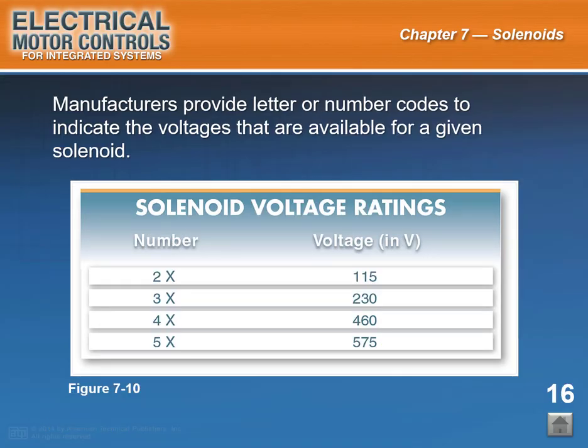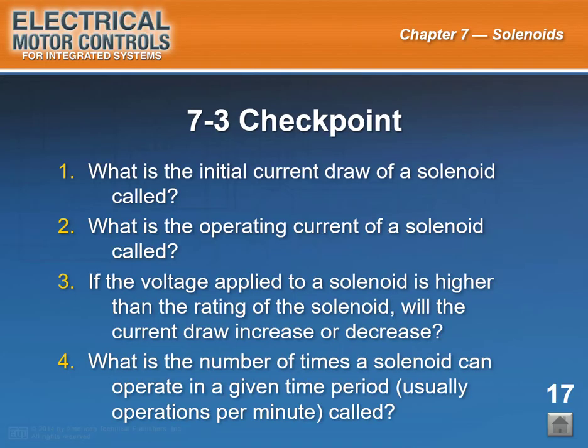Slide caption: manufacturers provide letter or number codes to indicate the voltages that are available for a given solenoid. See figure 7-10. For example, a 2-amp solenoid may be used for an application that requires a 115-volt coil. End of slide 16.